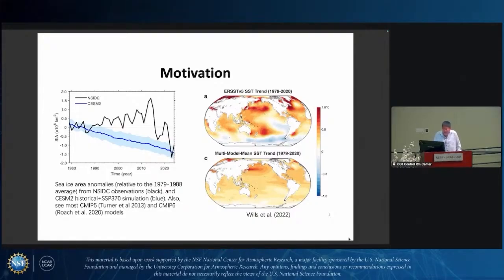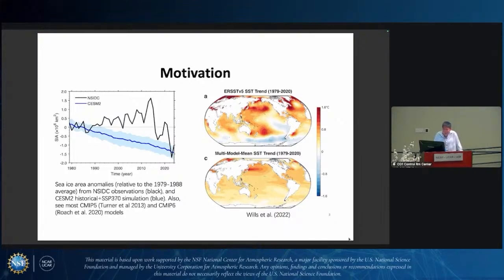On the other hand, if we look at the sea surface temperature change, and the previous study showed that the top panel is observation, we will see over the Southern Ocean from 79 to recent years a very robust, weak but robust Southern Ocean sea surface cooling. If we look at the multimodel mean, we will see instead of cooling, the Southern Ocean shows a warming trend.